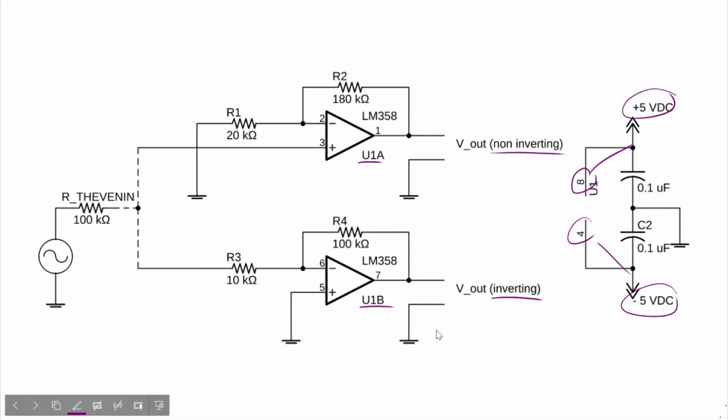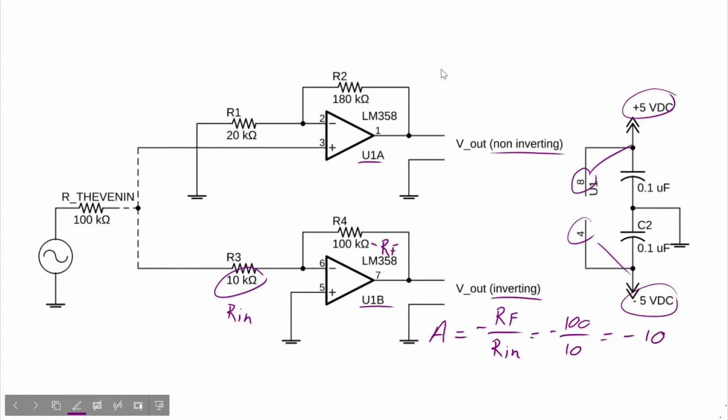You recall the gain equation. So gain is equal to negative RF over Rin, where our RF is 100K and our Rin is 10K, which gives us negative 100K over 10K, or simply negative 10.